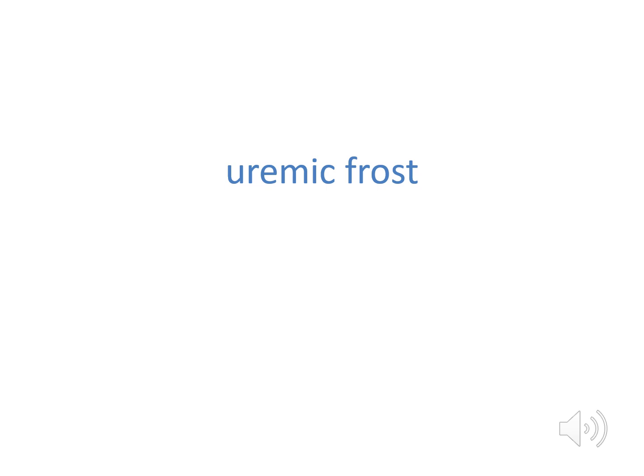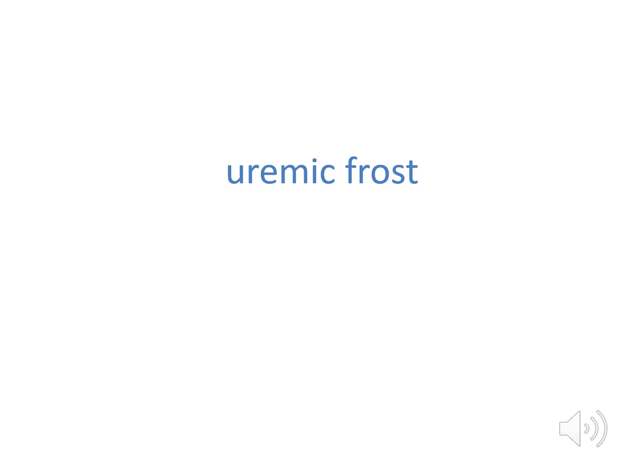Uremic frost is when people have little phosphate and urea crystals precipitating out on the skin. Because the urea and the phosphate are not being excreted in the urine, because the kidney is not making urine, the body looks for other ways to get rid of them. One of the ways it tries to get rid of the urea and the phosphate is through the sweat.